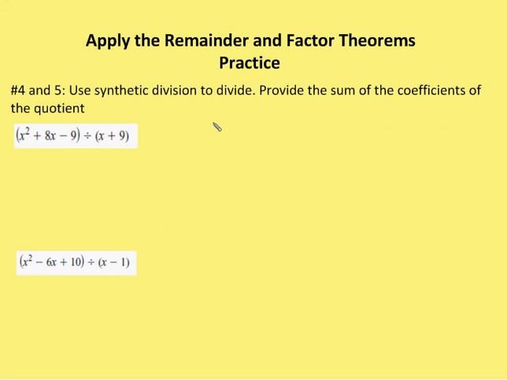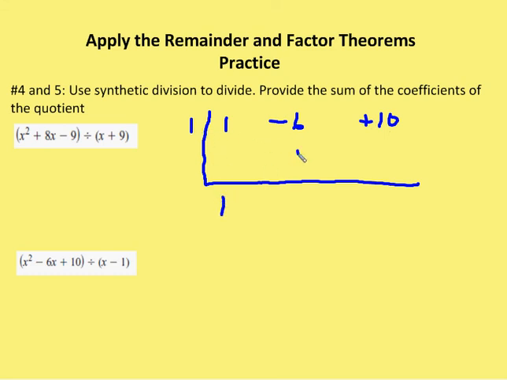I have a divisor of 1. I write my L. I write the coefficients of the dividend, 1, negative 6, and positive 10. I drop the 1 down, apply 1 times 1, I get 1.